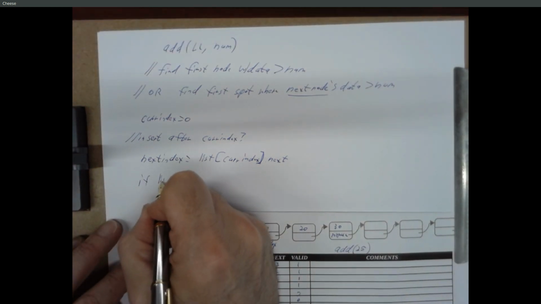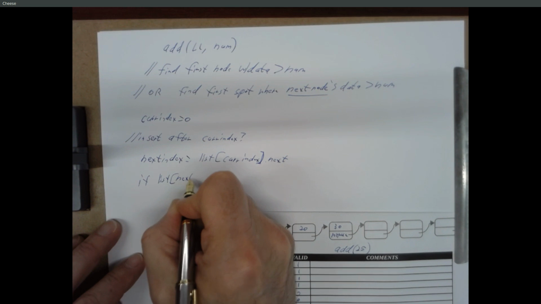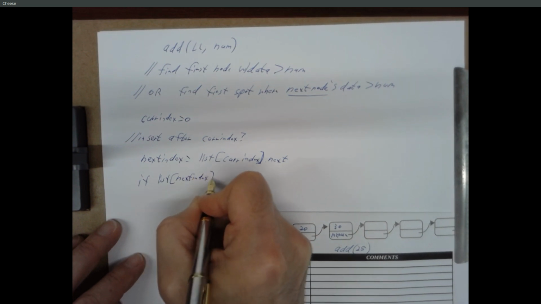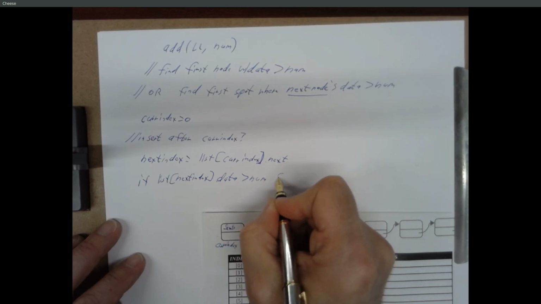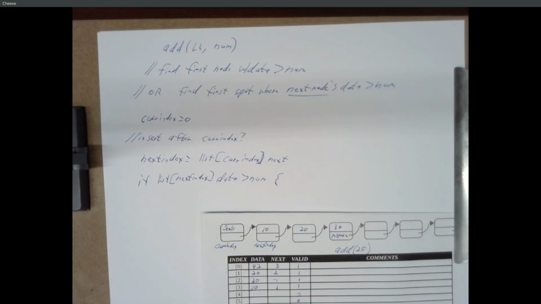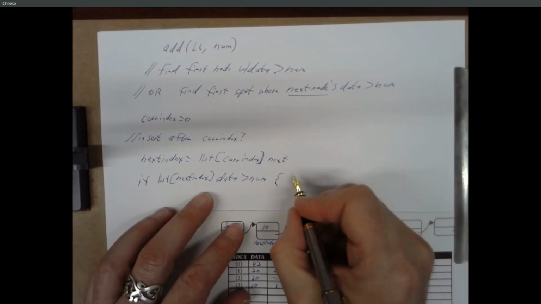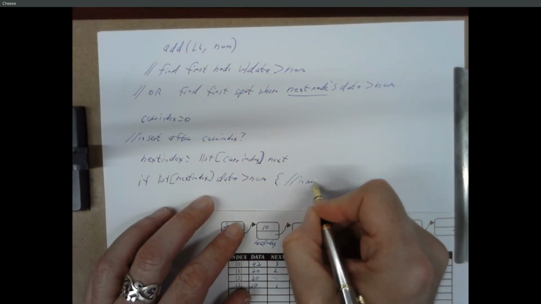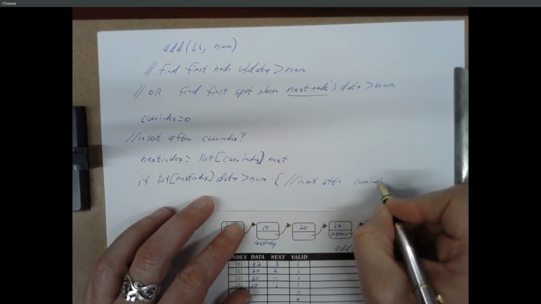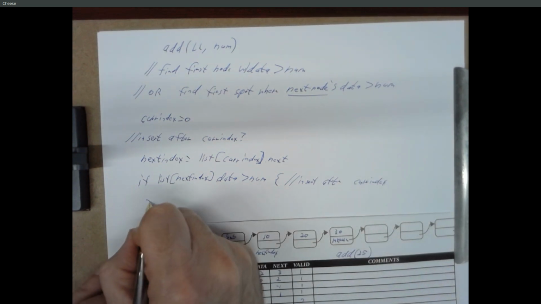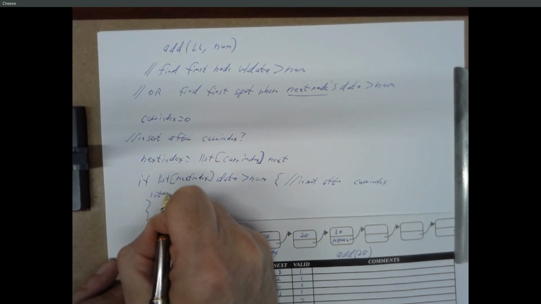So if list bracket next index dot data is bigger than num, then we want to insert after current index. And when we're done, return.